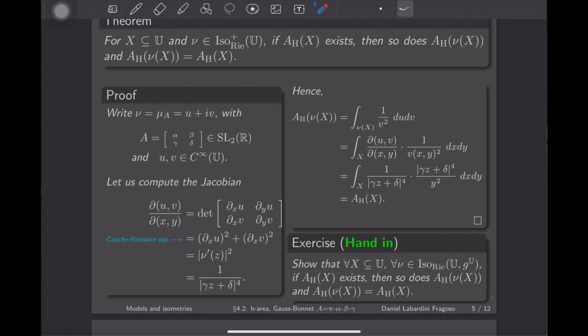Because we know that the relation between this matrix and nu prime of z is that this matrix represents multiplication by nu prime of z as a map between tangent planes.